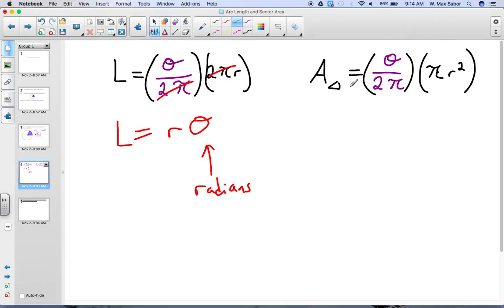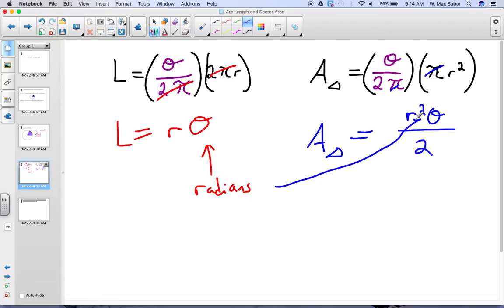The same thing goes for sector area: the pi's cancel out, and we get that the area of the sector is r squared theta divided by 2, where, once again, theta is in radians.